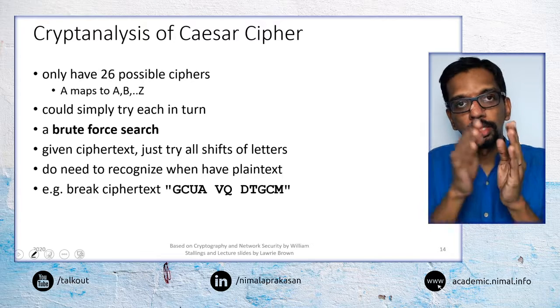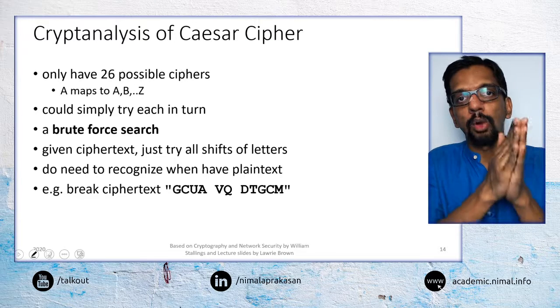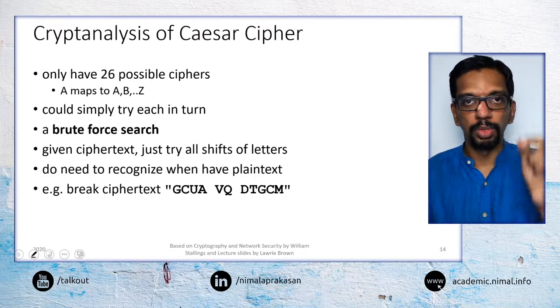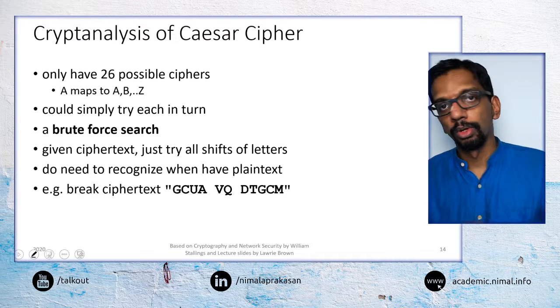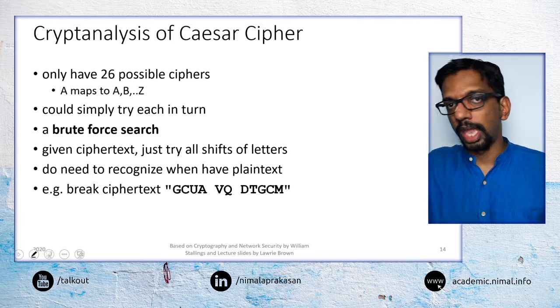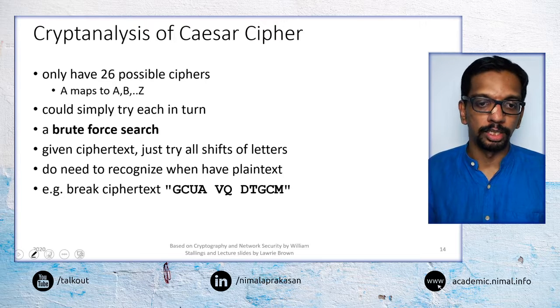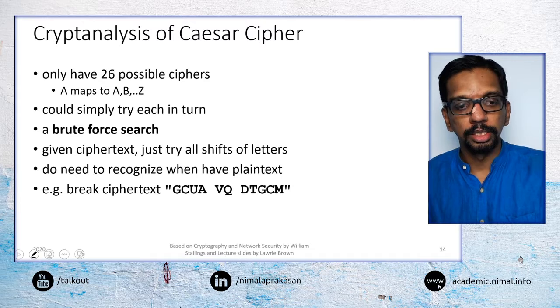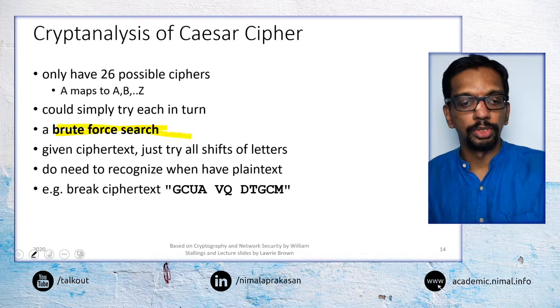Each letter can only be substituted by one of 26 letters. So A could be B or C or D. So in terms of cryptanalysis, we can just do a brute force search.